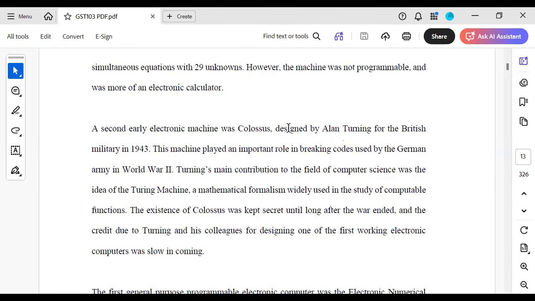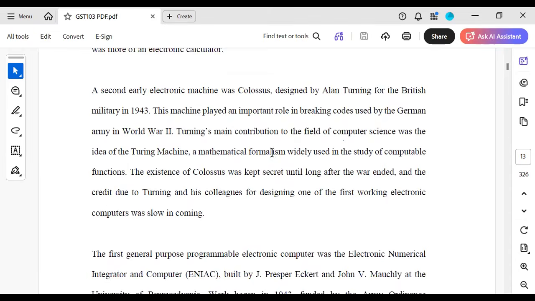He designed something he called Colossus, and that Colossus was used in 1943 in the military, especially the British military, and it was basically of help during World War II. That was the electronic device or machine that he created then, purposely for the military, and it was helpful in World War II.